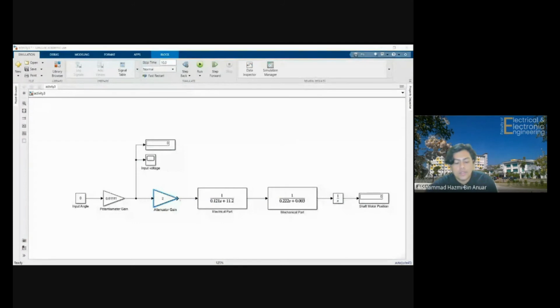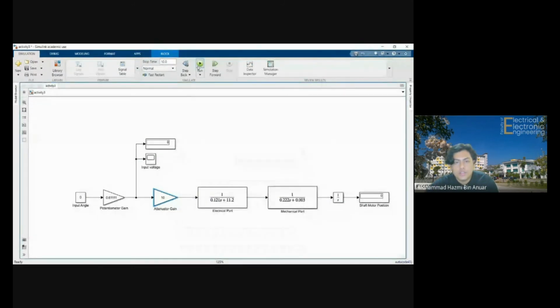And lastly, put the value here. Still doesn't have any value. So what I can conclude here is the system didn't work, because there is no input angle, so the system will not be able to operate as usual.